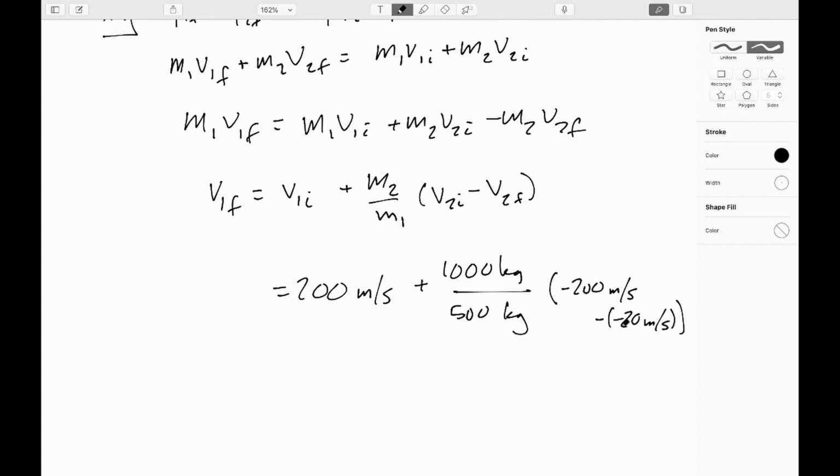Make sure to keep track of your signs. This minus sign here is because the thing's going to the left. This minus sign is just because I'm subtracting the two things.